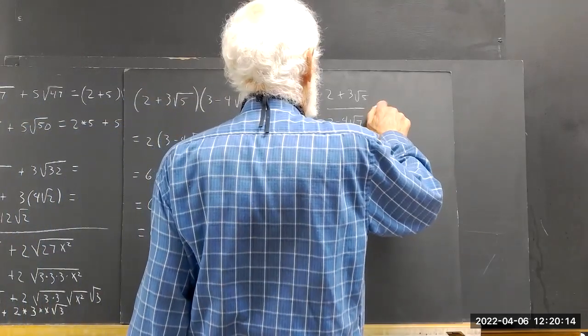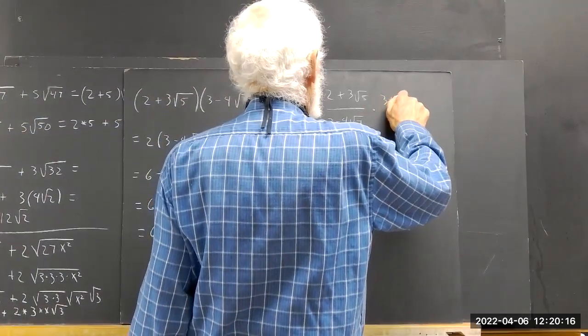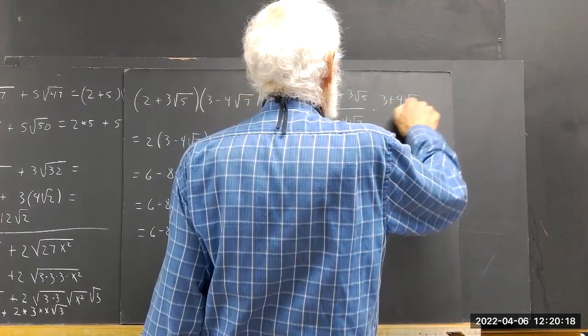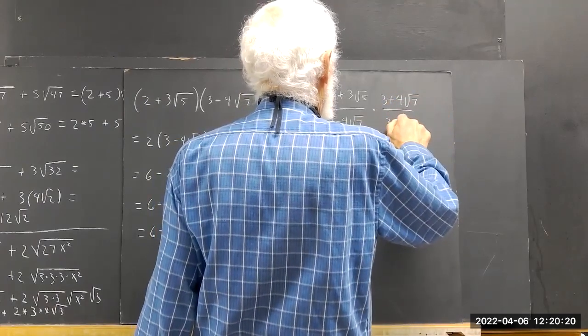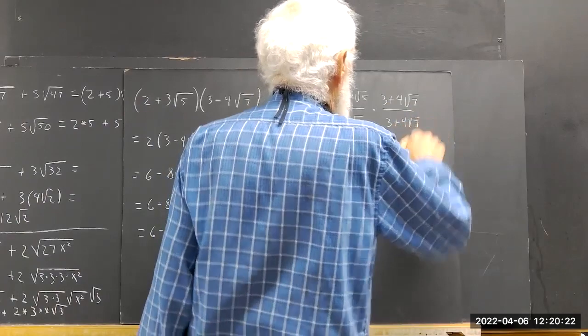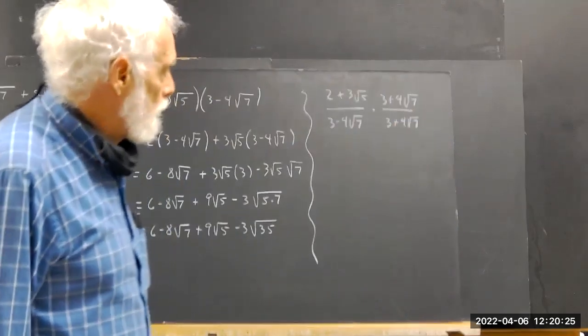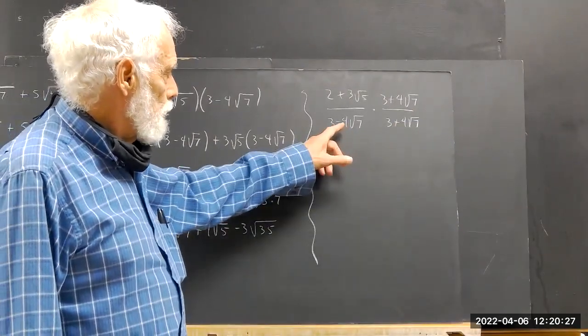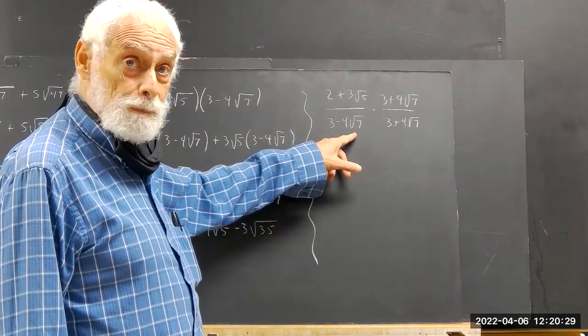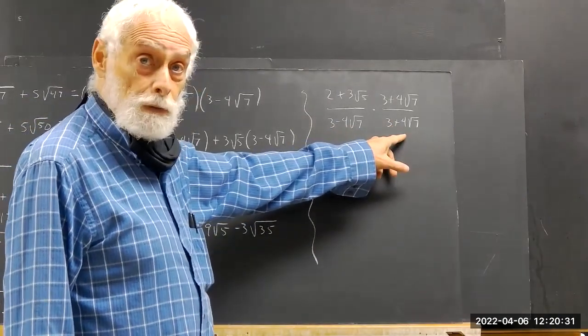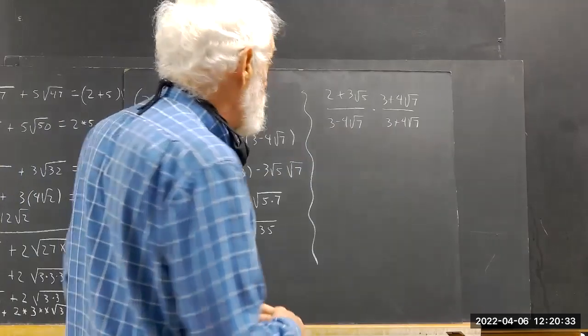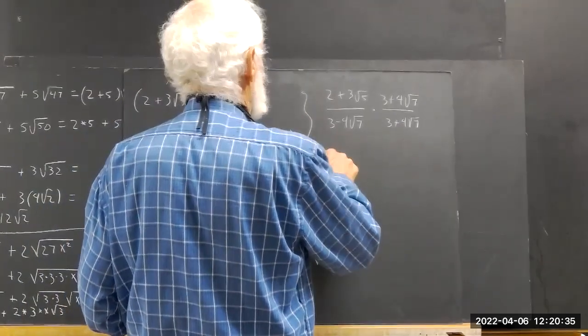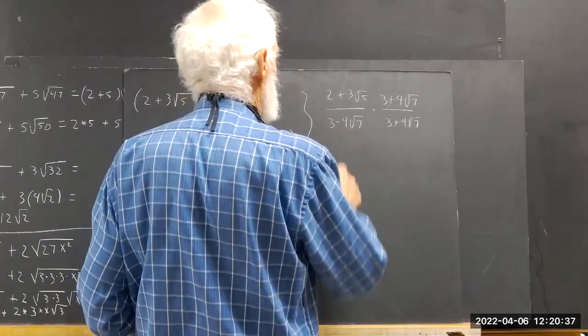We multiply this by 3 plus 4 square root of 7 over 3 plus 4 square root of 7. Whichever term has the square root on it, we change its sign. Well, if we do this, it's going to work out.